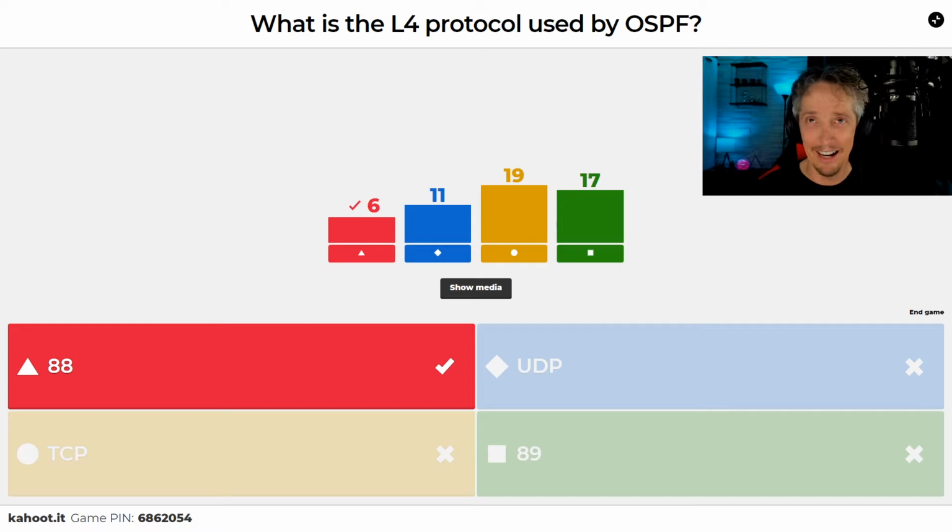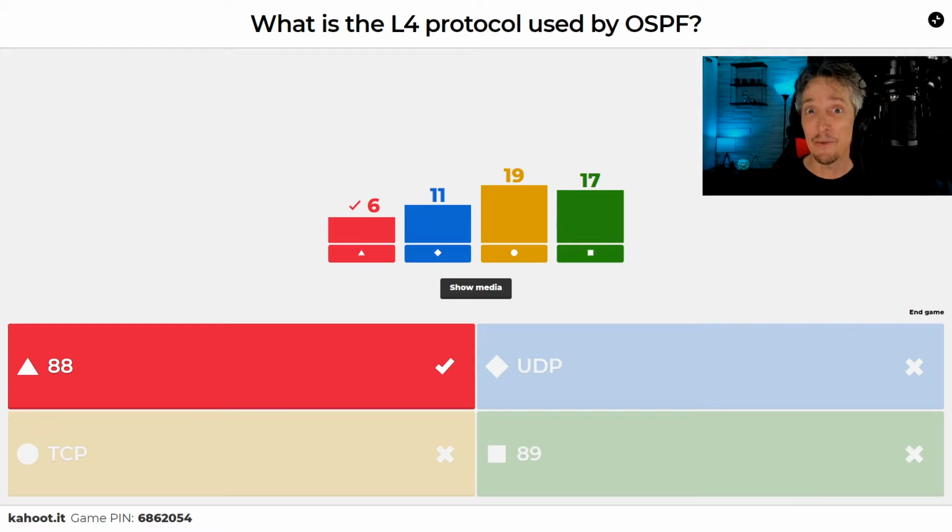If you're saying, I didn't even know it used a layer 4 protocol, that's cool too. So UDP is connectionless, but OSPF doesn't use it. TCP at layer 4 is connection oriented, but OSPF does not use it. The protocol number is 88.